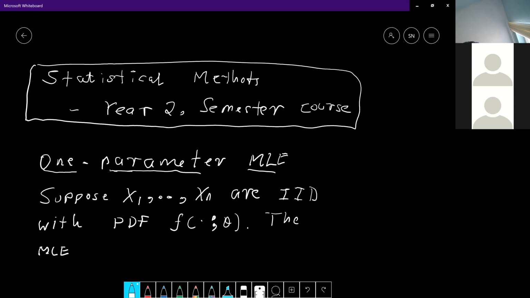The procedure for getting the MLE of theta can be obtained as follows.